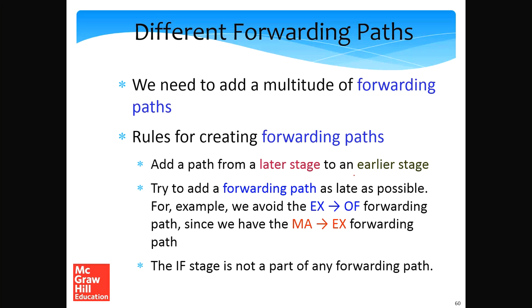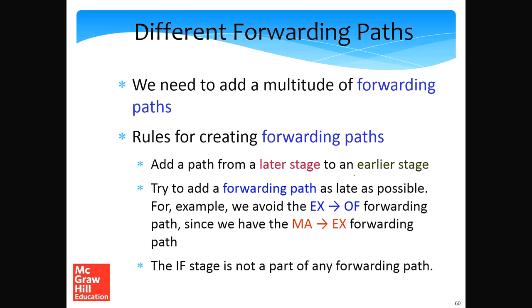In the OF stage, we read the value, but we don't actually use it. That's the reason instead of forwarding from EX to OF, a better idea is that we forward something from MA to EX. Because we want to forward as late as possible, in other words, as close as possible to the actual use.